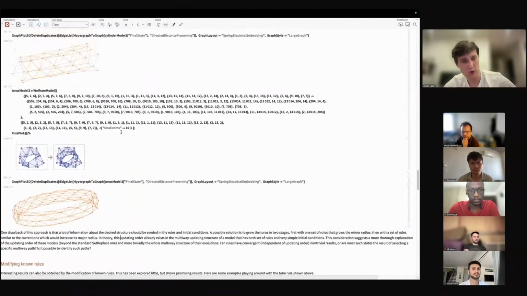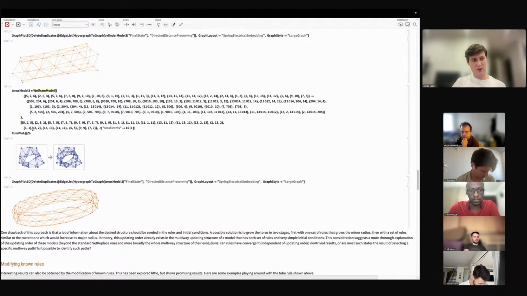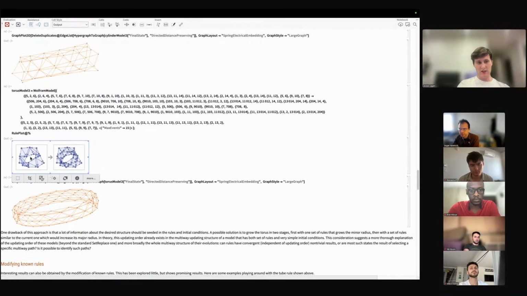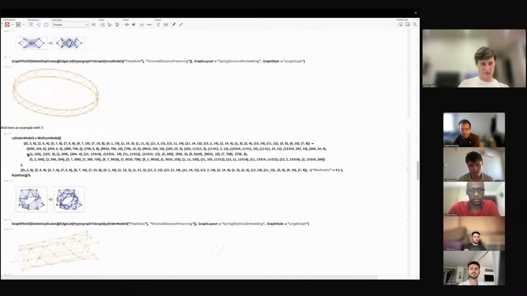So what I was mentioning is, can we avoid encoding all of this information in the initial conditions? I have tried building this from scratch. In fact, I built this from here.